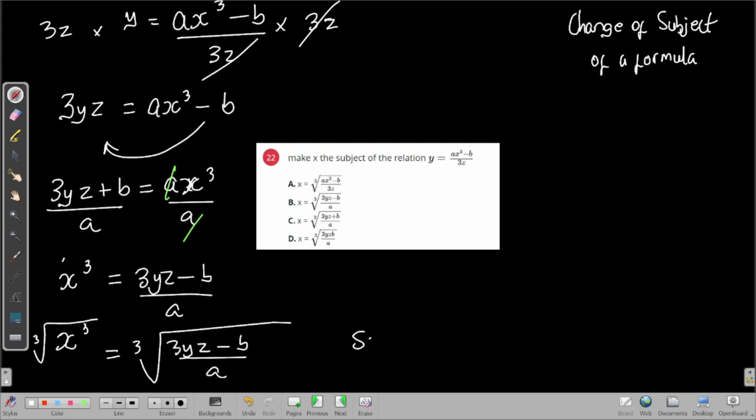Okay, so our x, because this cube root will cancel the cube, our x is the cube root of that. Okay, so that's option B.